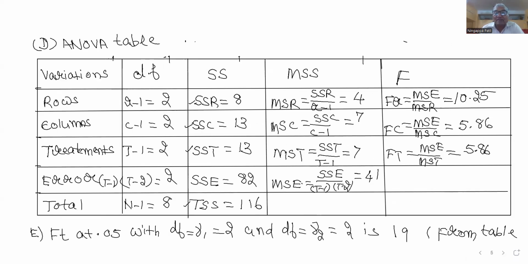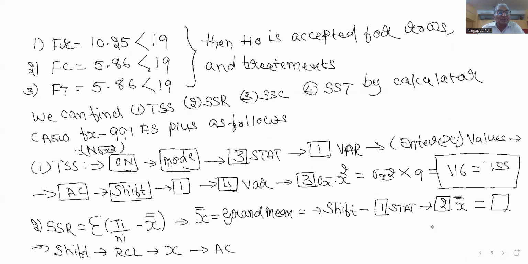Now, my dear students, look here. I have stored the value of the X double bar in X, and I stored the values of Ti upon Ni in letters A, B, C. I want to use them now.